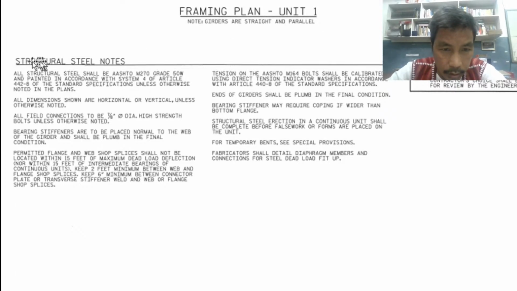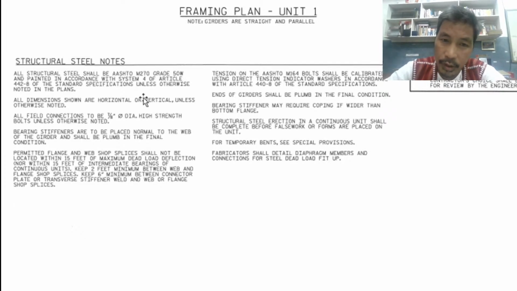Structural steel notes. Number 1, all structural steel shall be AASHTO. Take note. What is AASHTO again? It is a code. AASHTO M270. So that is the grade of the steel.